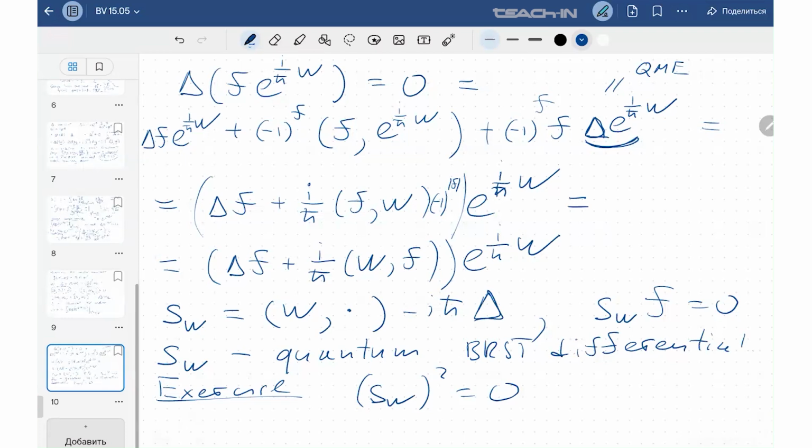Okay, and then the second part of the exercise is to make sure that trivial observables, the ones which are in the image of SW, give zero average. We know that quantum observables must be in the kernel of SW for them to give a well-defined quantum average. But those which are in the image give average 0.